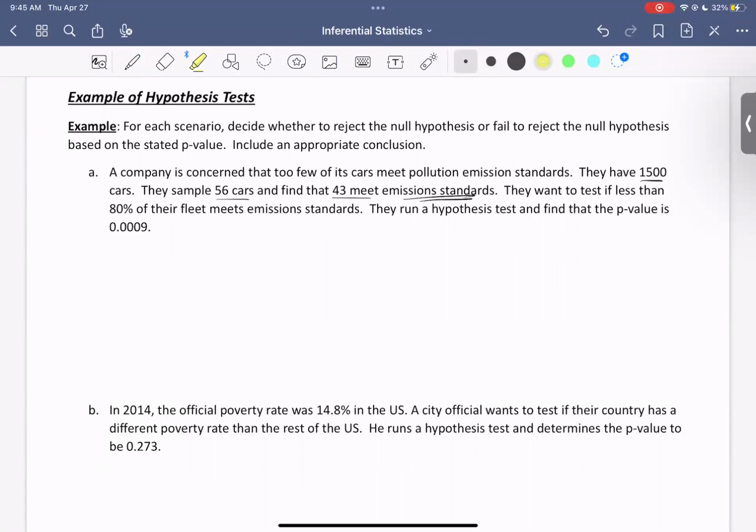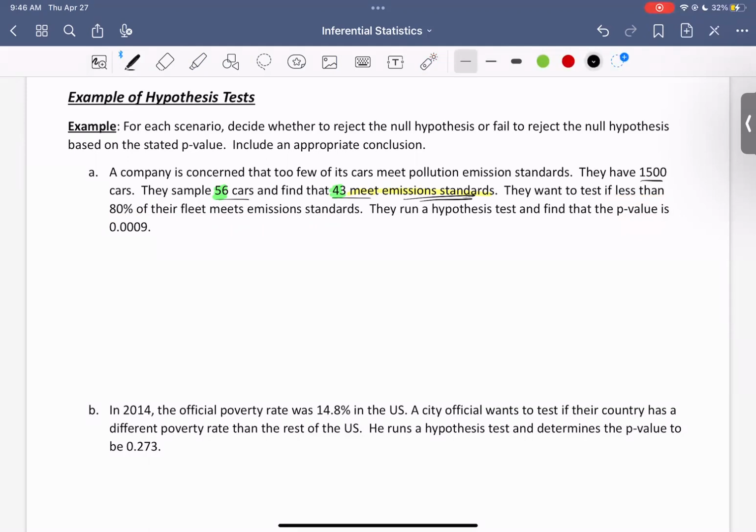We're interested in meeting the emission standard, and we have our sample that 43 out of 56 do that. Now this company wants to test if less than 80% of their fleet meets the emission standard. They run a hypothesis test and find that the p-value for this sample is 0.0009.